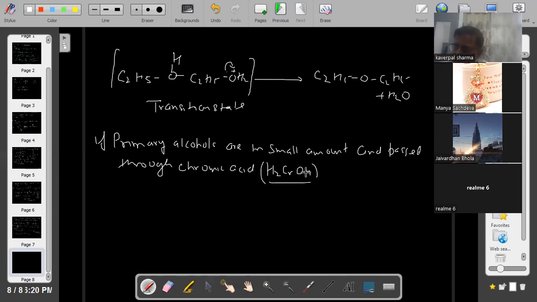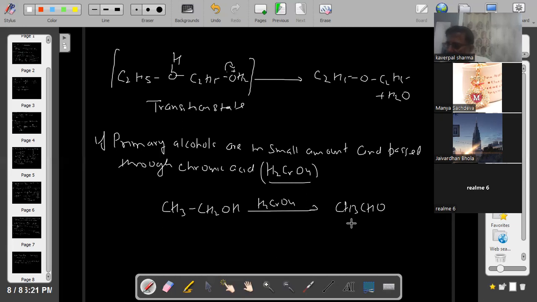You will see a different result, then you will get ketones. You will get ethanal, aldehyde, ketone. Like CH3CH2OH and H2CrO4, in such case you will get CH3CHO.